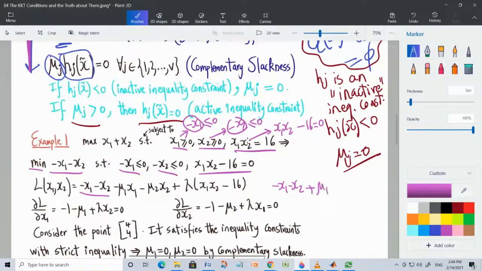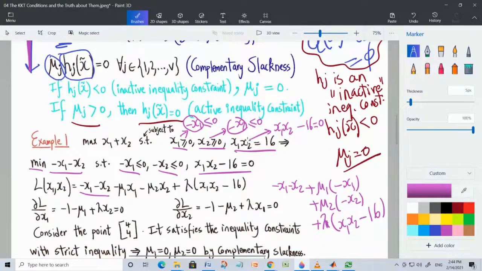So we have plus μ1 times this function, minus x1, plus μ2 times this function, which is minus x2, and those should be non-negative. And also we have an equality constraint, so we have a Lagrange multiplier here that is multiplied by x1 x2 minus 16. So this will be our Lagrangian.